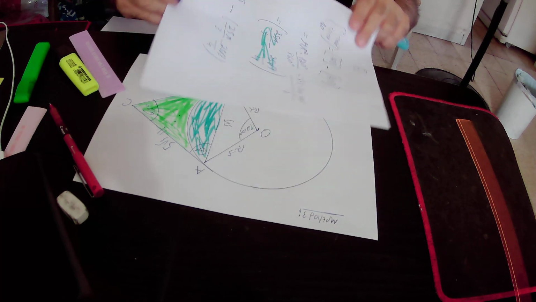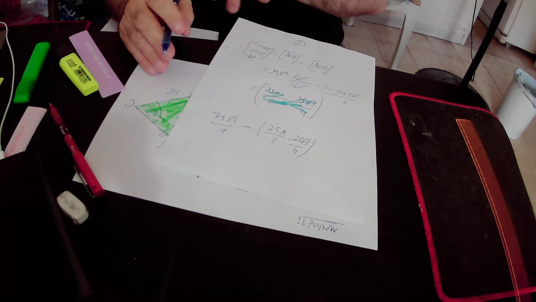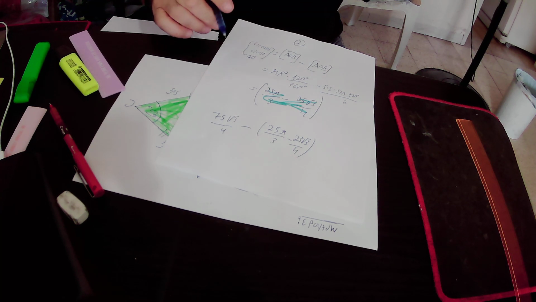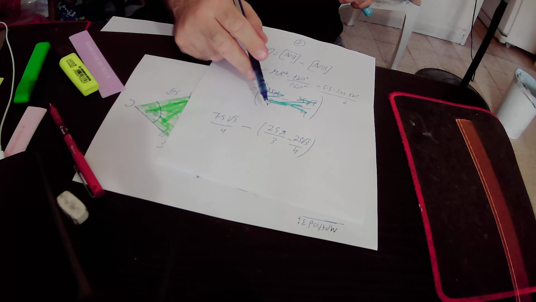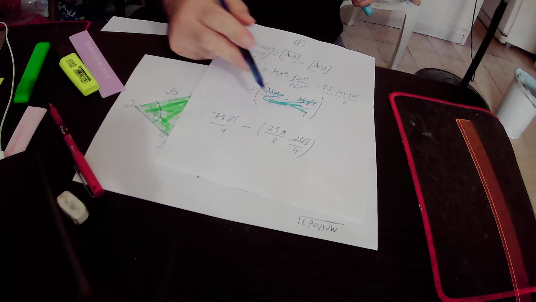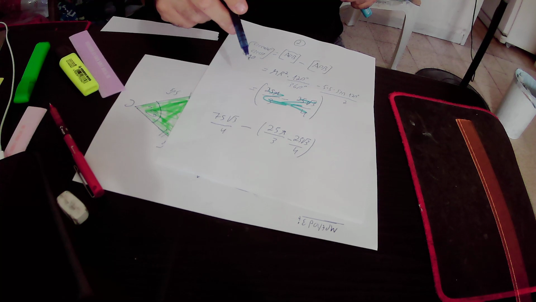Okay, so the area of the green shape equals the area of triangle ABC minus the area of the circular segment AB. That is this expression.